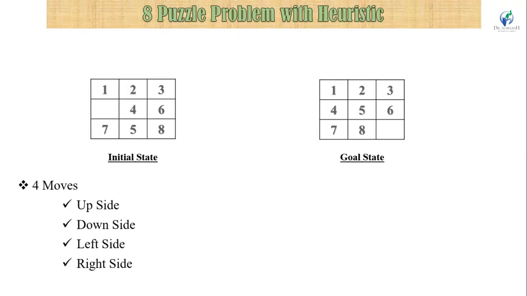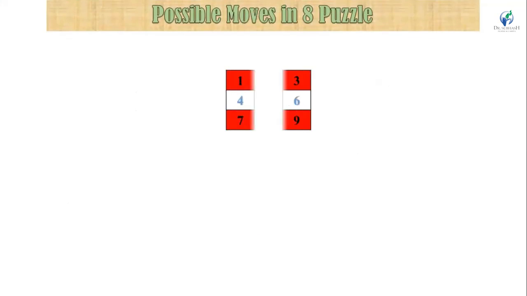It means we can move the empty space to the left side, right side, up side or down side. Here we see figure 1. You can consider the red mark as the empty space. So we have 4 empty spaces in different locations, and here we can find the legal moves for them.